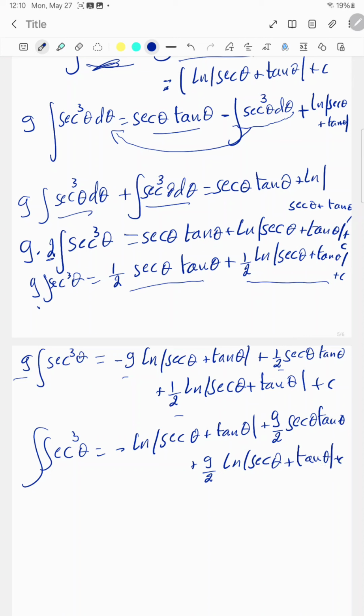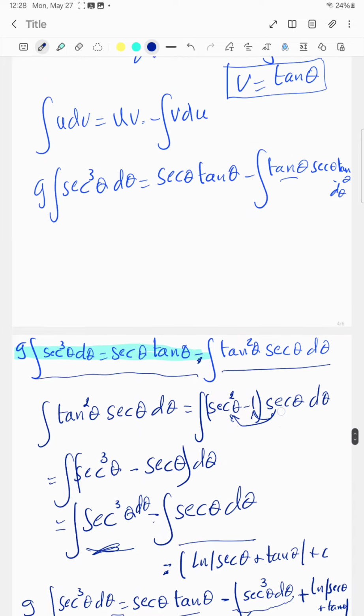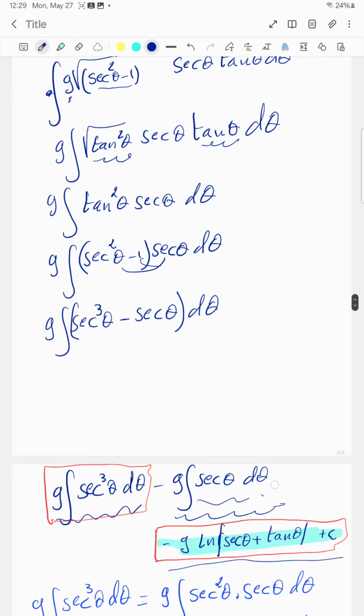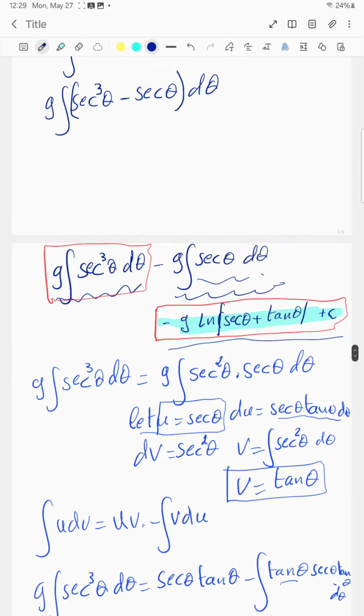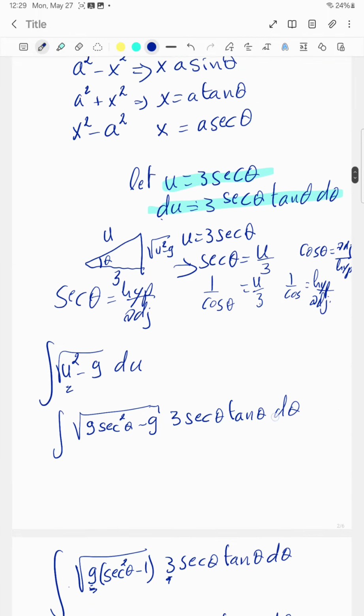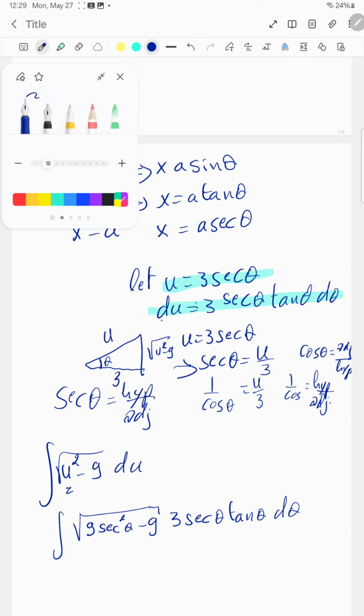And now all I have to do is replace theta by, what did we take theta as? Let's write it down.